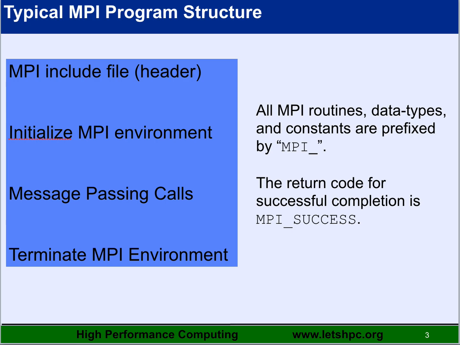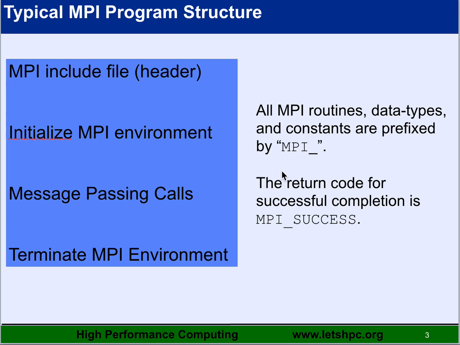The second step is to initialize the MPI environment, and when you initialize something, you also need to terminate it. So you can see the last one is terminate MPI environment. In between, you can call the message passing calls, which are involved in the real message passing procedure.